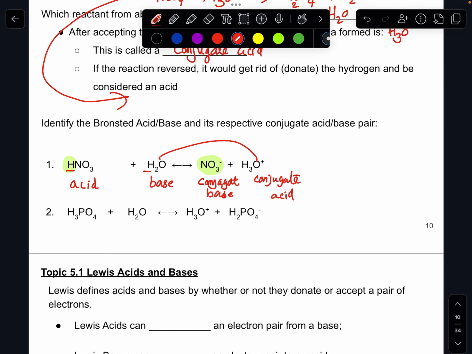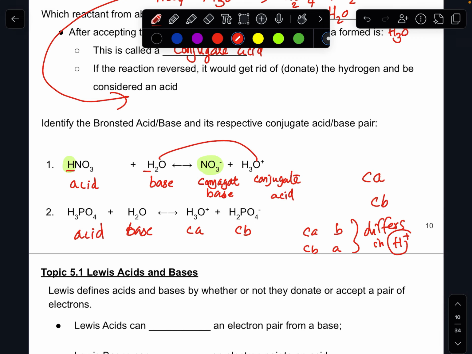Okay, another example: this will be a base, this will be an acid, and I'm going to write the abbreviation CA for conjugate acid and CB for conjugate base. So this will be the conjugate base and this will be the conjugate acid, because a conjugate acid and its base, or a conjugate base and its acid, differ by one proton. That's how you identify them.